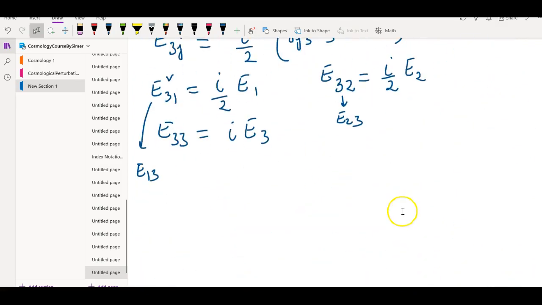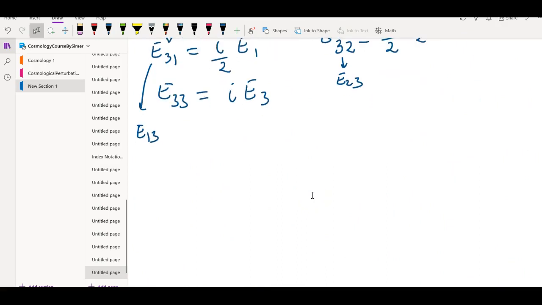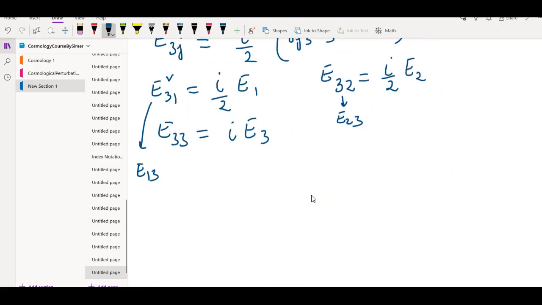Sorry, in K space it is K dot EV is equal to 0.